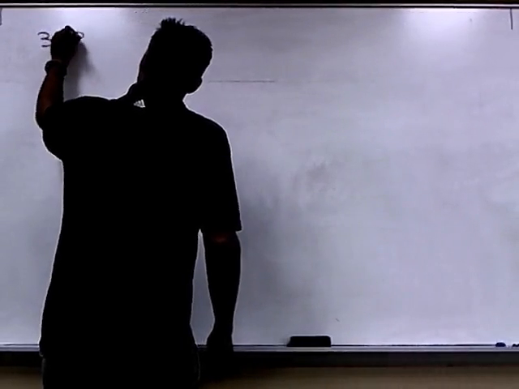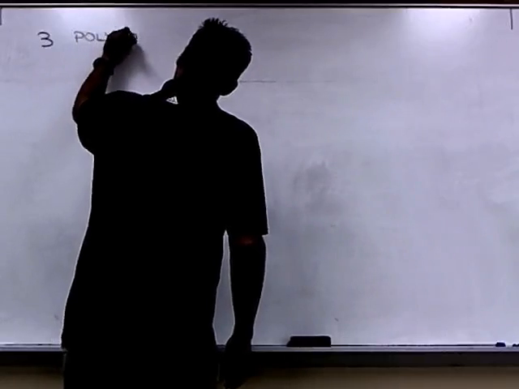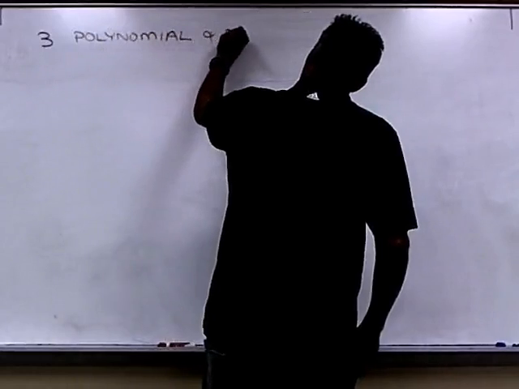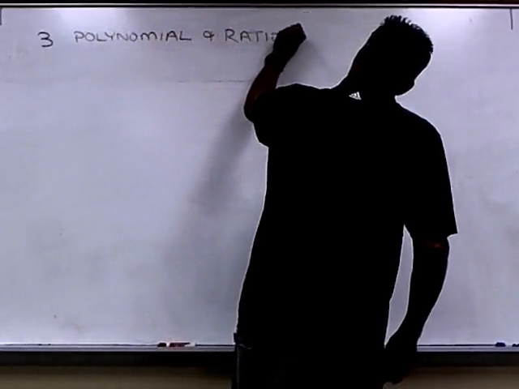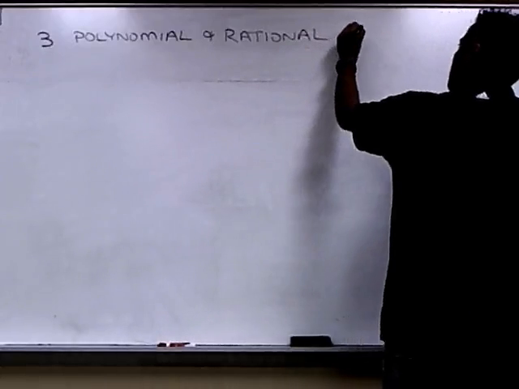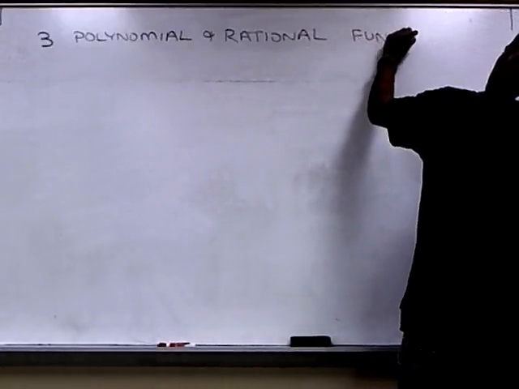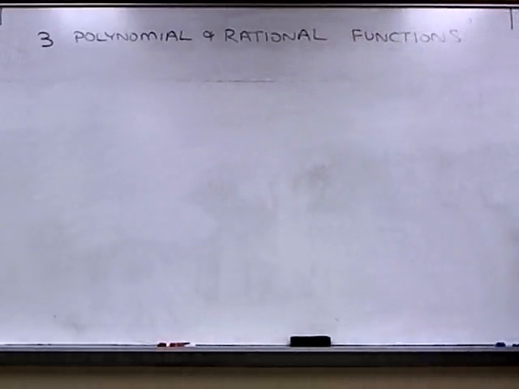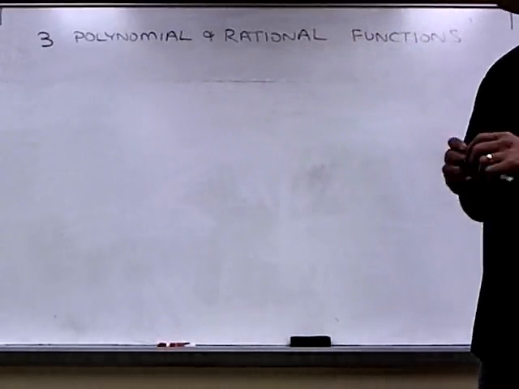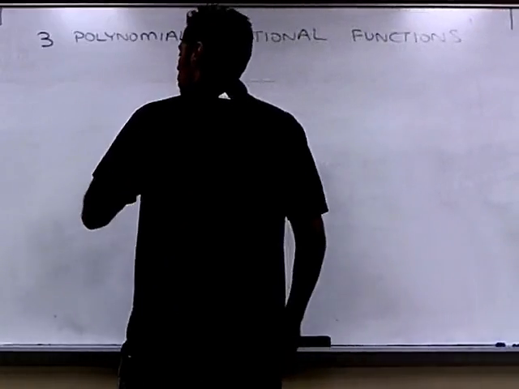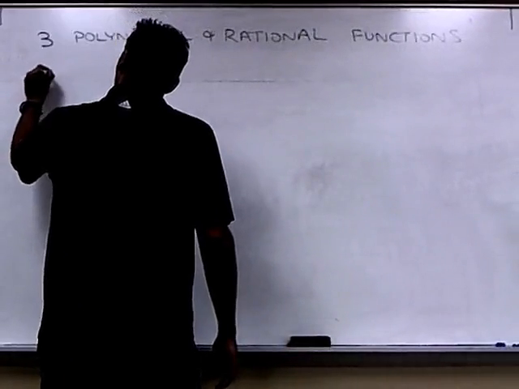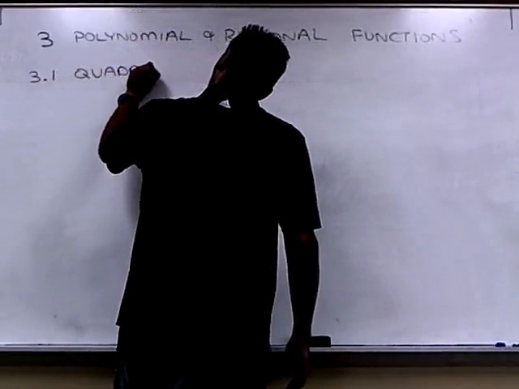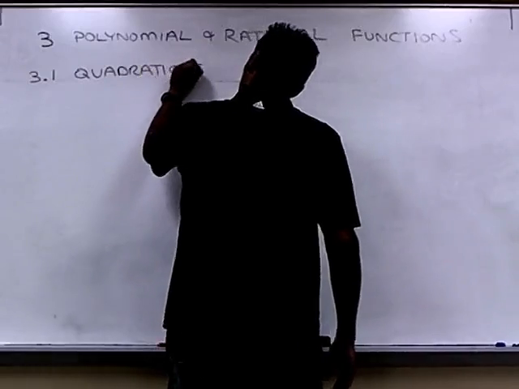Chapter 3 is called Polynomial and Rational Functions. Polynomial and rational functions. 3.1 is called quadratic functions.